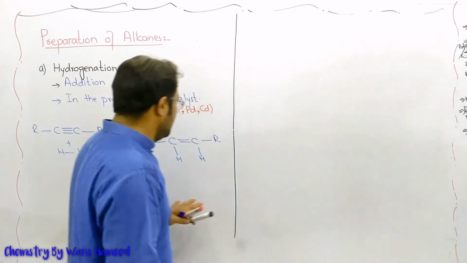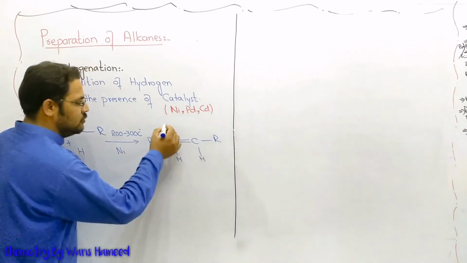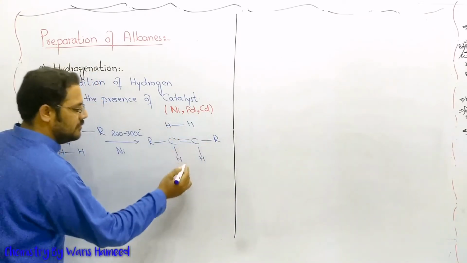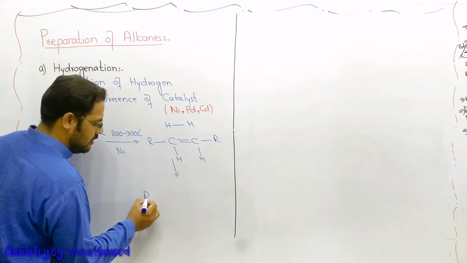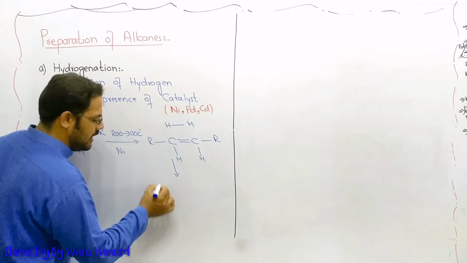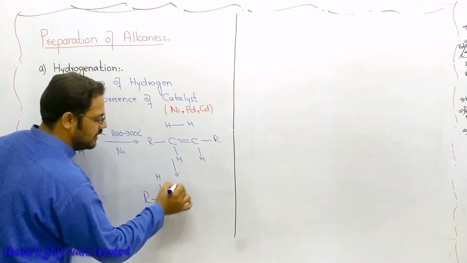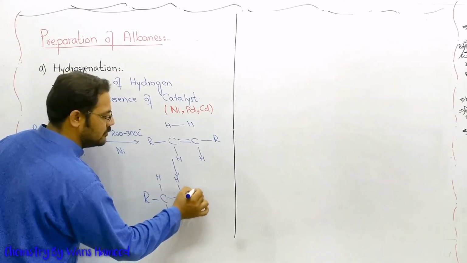When we add some more hydrogen to this reactant, the product converts into alkane: R group, carbon, hydrogen, single bond, carbon, hydrogen, and an alkyl group.